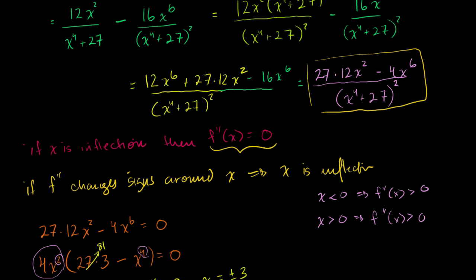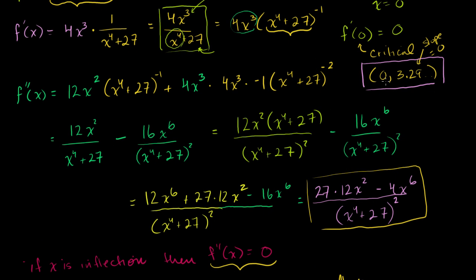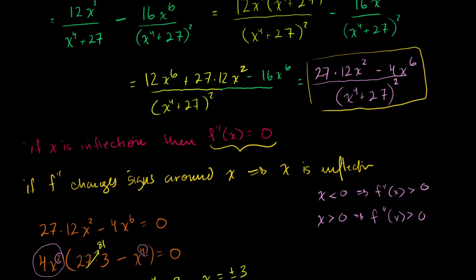So the fact that 0 is a critical point, and that we're always concave upward as we approach 0 from either side, this tells us that this is a minimum point right there, because we're concave upwards all around 0. So 0 is not an inflection point.